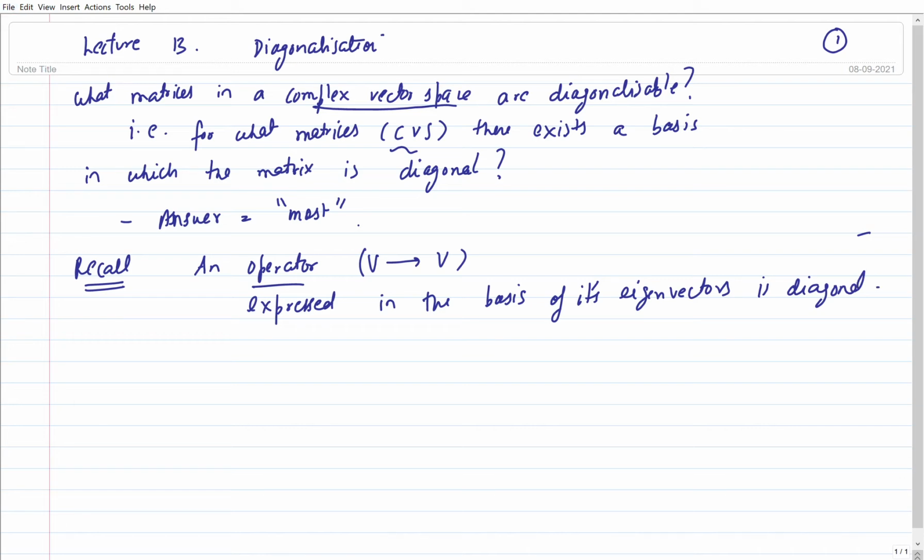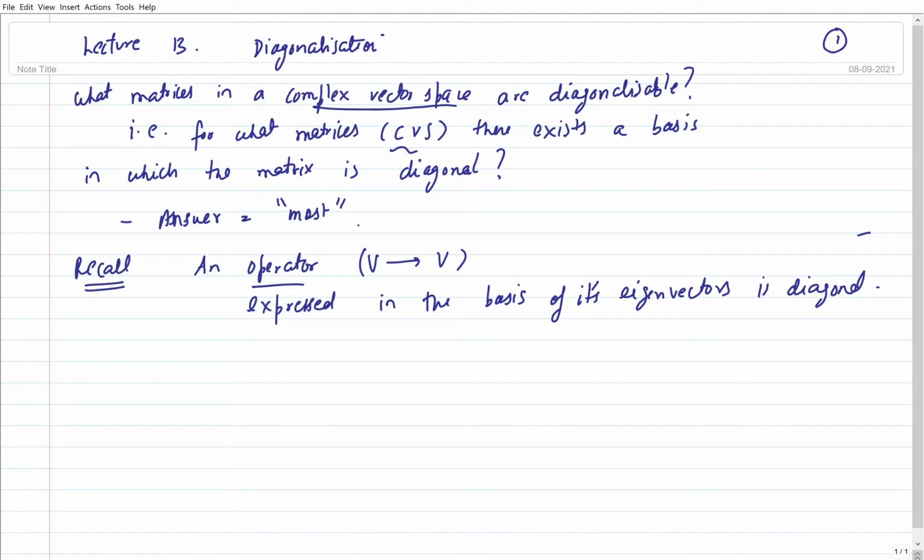Now, that's kind of easy. We already saw that this is an if and only if condition. If it's diagonal, then its basis is the eigenvectors, and if the basis is the eigenvectors, it's diagonal.